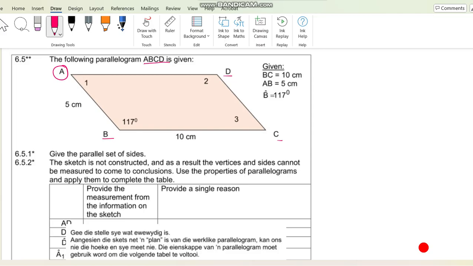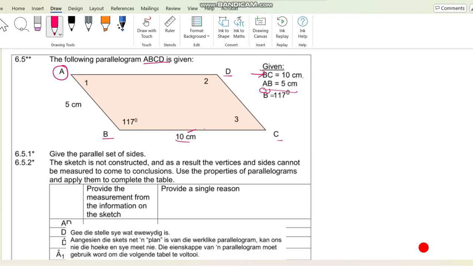When you start with these kinds of sums, you will firstly look at what you were given. Make sure all the information is written on your drawing. So in this case, we have BC equals 10 centimeters. Check. AB equals 5 centimeters. That's there.